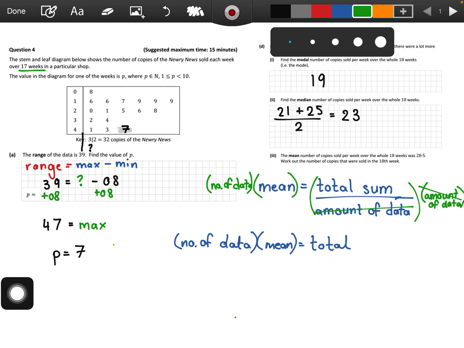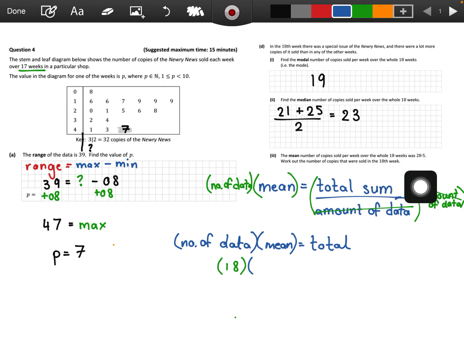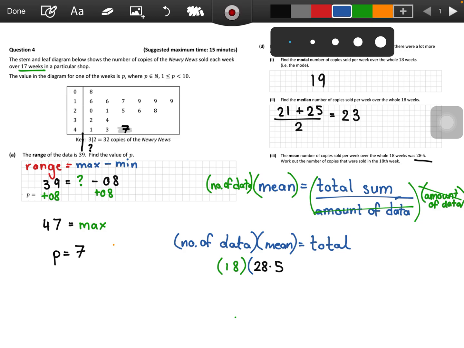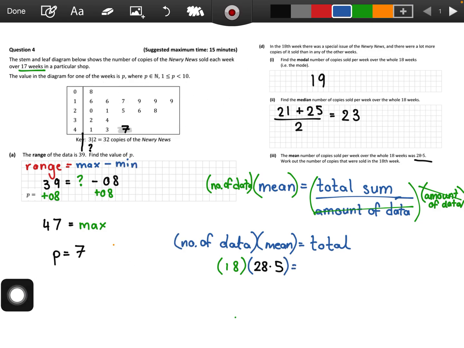That's what everything has to add up to. So I have 18 pieces of data and they've just given me that the mean is 28.5. So that's what all of these things need to add up to together. That should be my total sum.